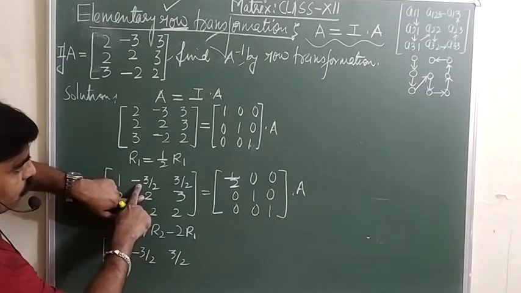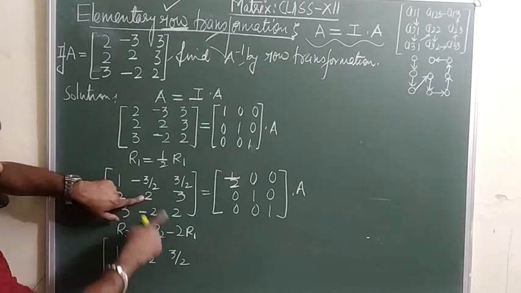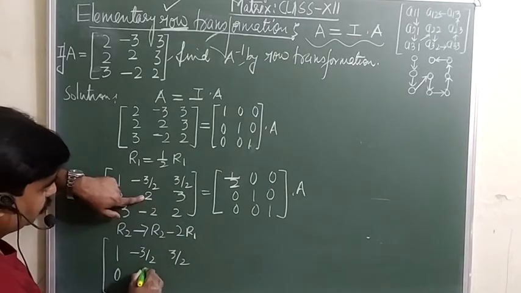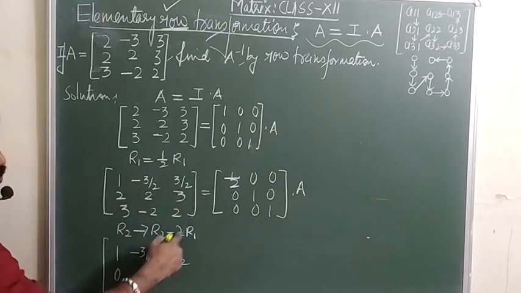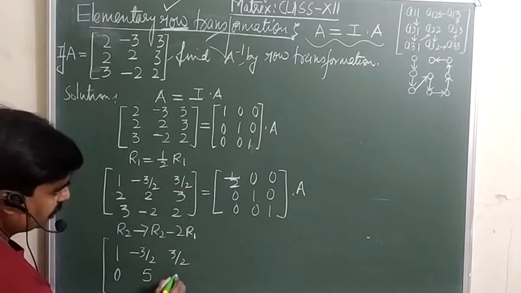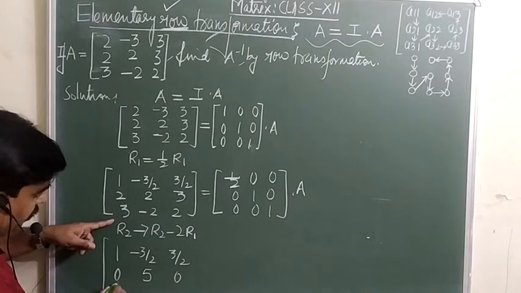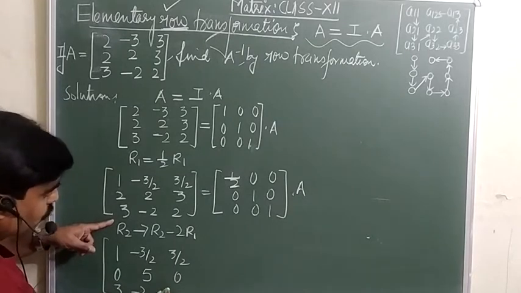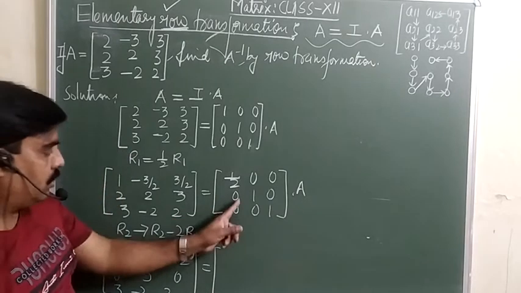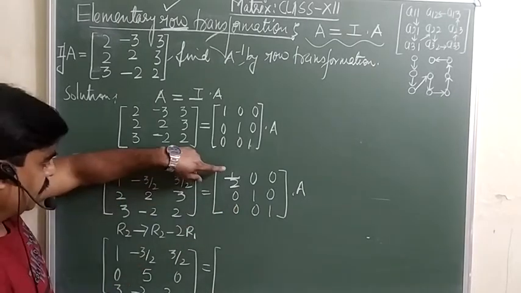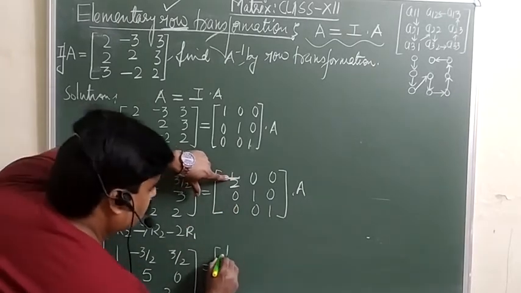Then 2 minus 2 into this one plus, so you will get 5. 3 minus 2 into 3/2, 3 minus 3, is 0 here. Here it will remain -2 and 2. We will do the same operation here: from the second row we are subtracting 2 times the first row. The first row will remain as it is.